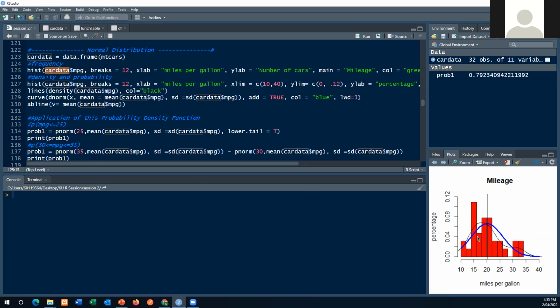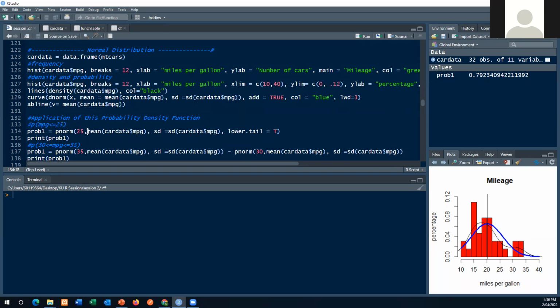And how do I get the area under the curve? We use the pnorm function. Since it is a normal distribution, we want to get the probability of this normal distribution, given that the mu, the value I am expecting, is 25.